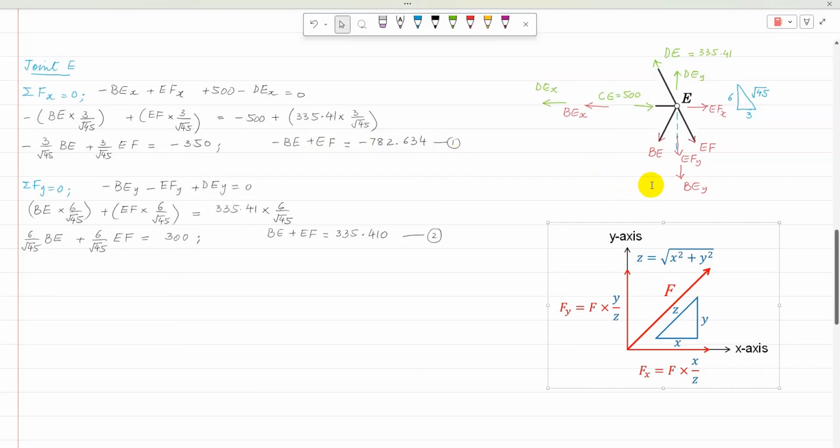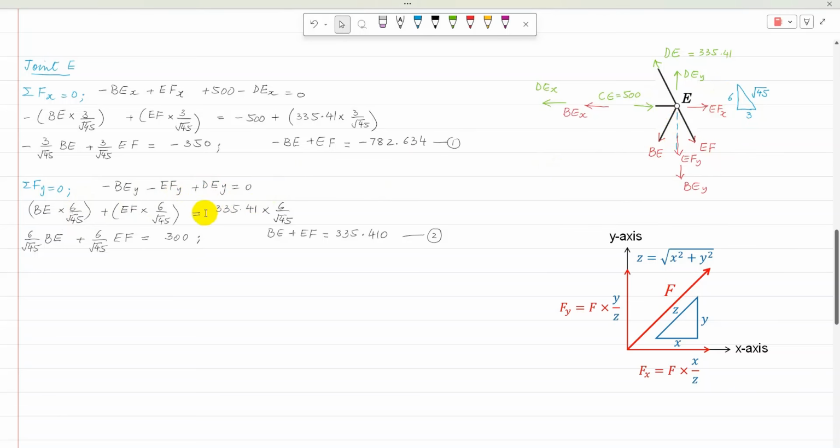Then I'll apply sigma Fy equal to 0. So BEY is negative, EFY is negative, and DEY is positive. All are vertical components, so they will be the vertical side of the triangle divided by the diagonal, 6 over root 45.